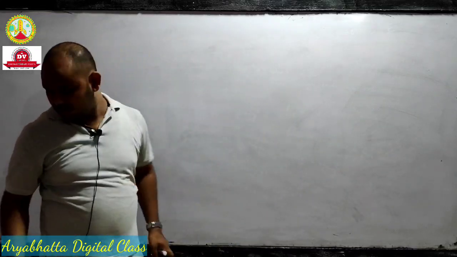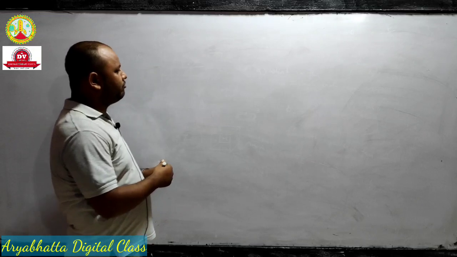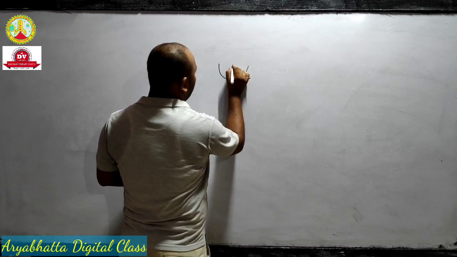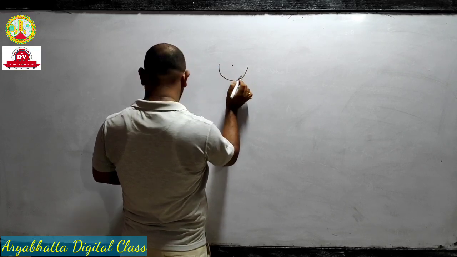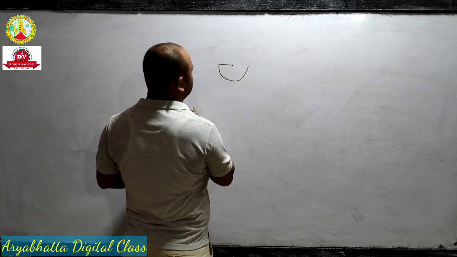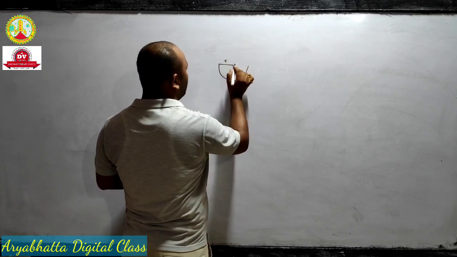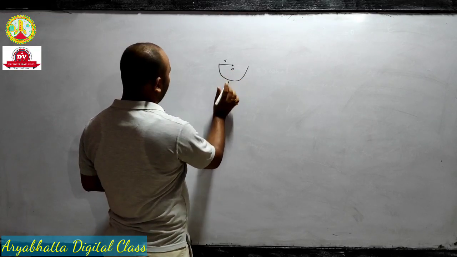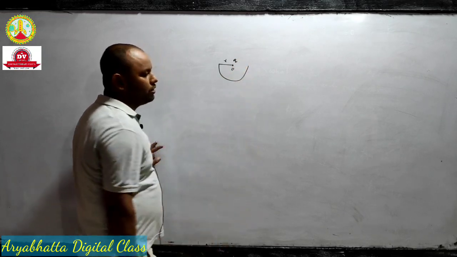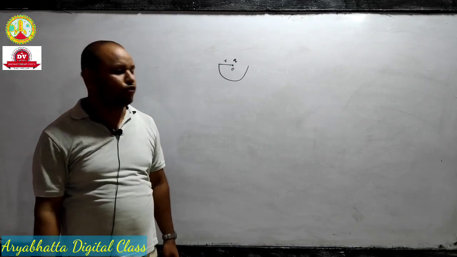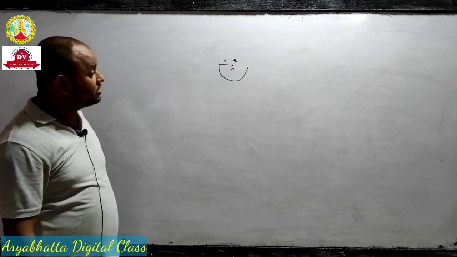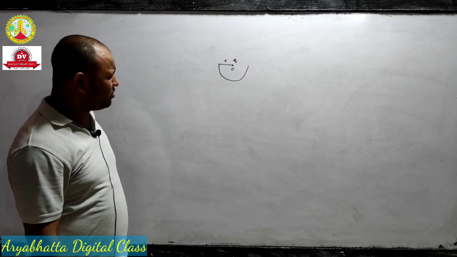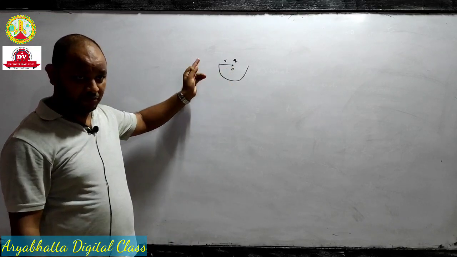Suppose we are given a hemisphere. This is a hemisphere of radius r, and this is the center O, and at the center there is a source Q. On the inside of the hemisphere there is a source Q. We need to calculate the flux through this hemisphere.